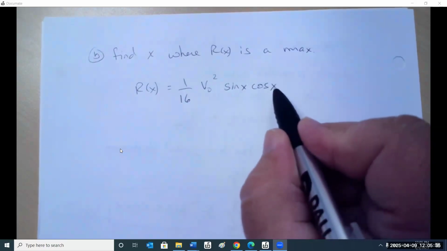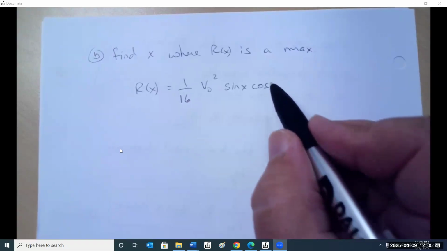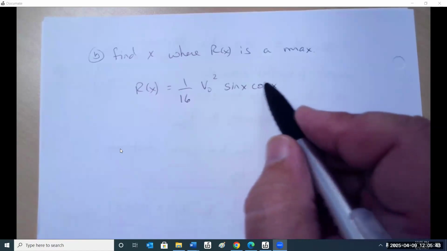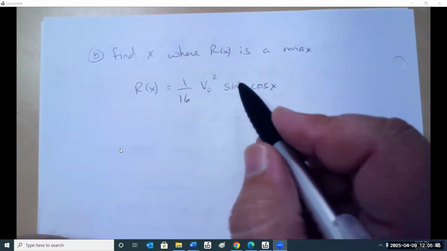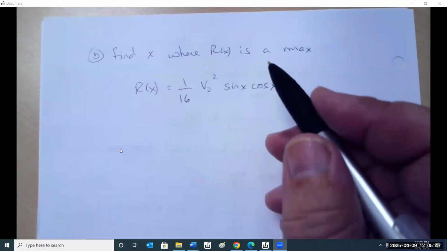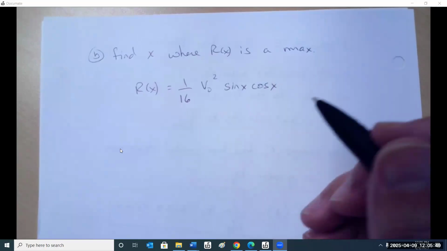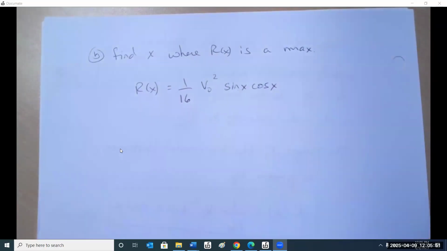Where is cosine 1? 0 at horizontal. Where's sine 1? Where it's vertical. So how do we fix this? Where do we think the most optimal angle is going to be?